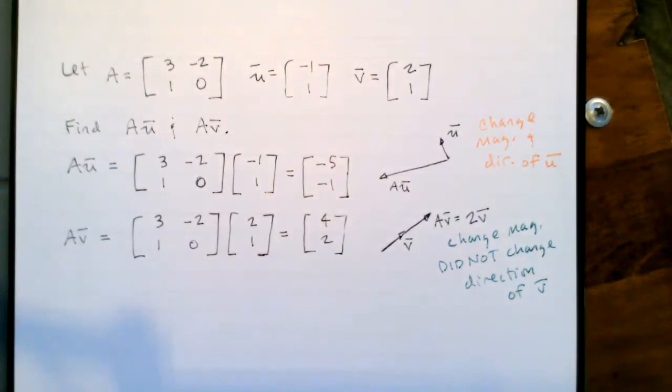Moreover, anything in the direction of 2, 1 will always maintain that direction if I multiply by A.